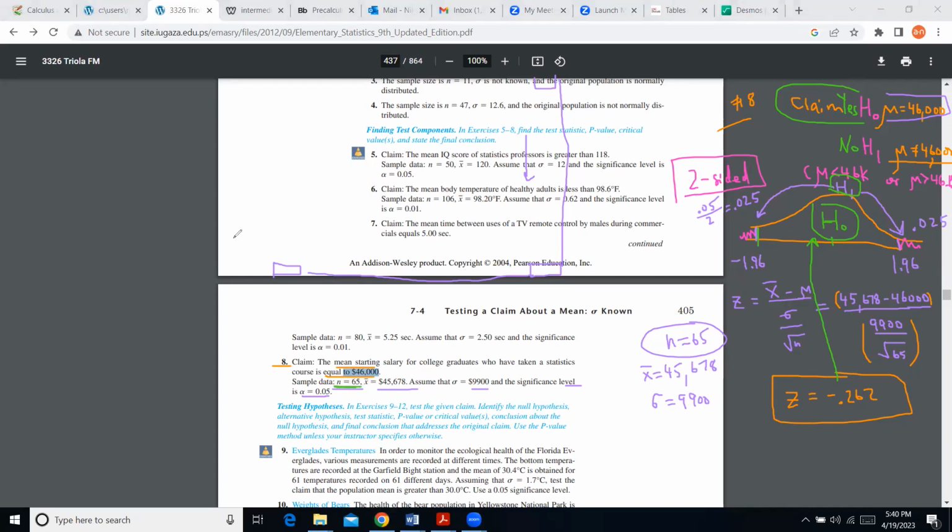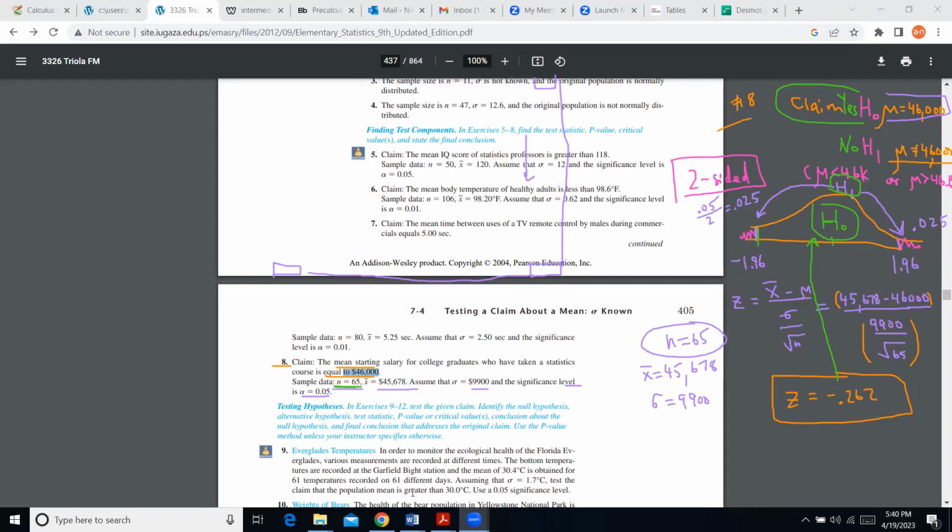How about that? It's a very interesting procedure, and it looks like the problems in this section are all pretty much of the same type. They give you the claim, and then you need to decide if it's one-sided or two-sided, and then go ahead and get yourself a z-score.